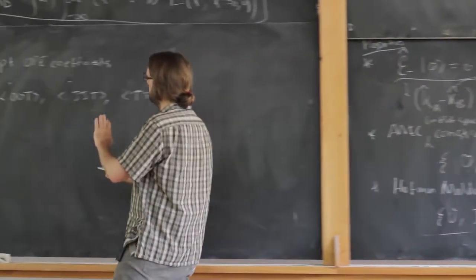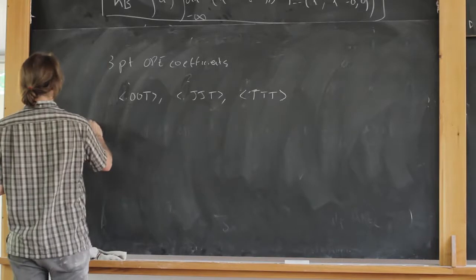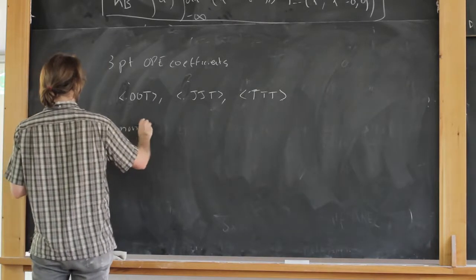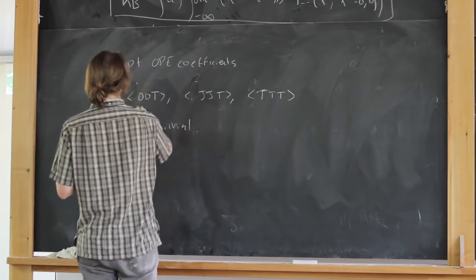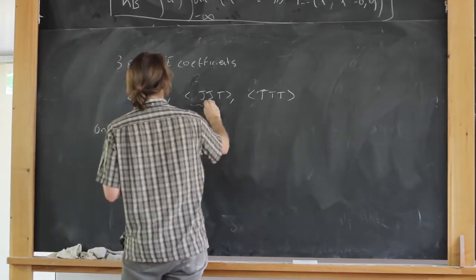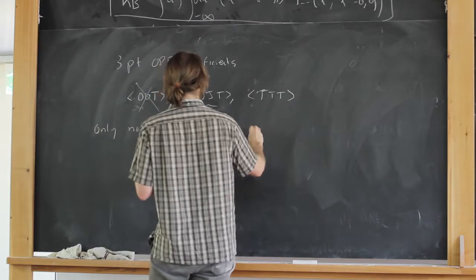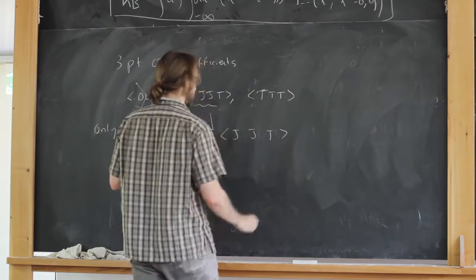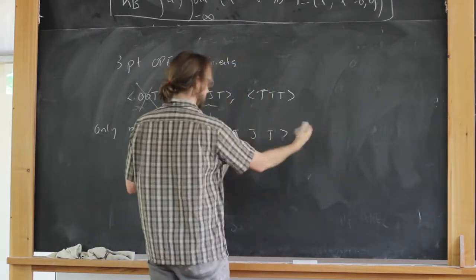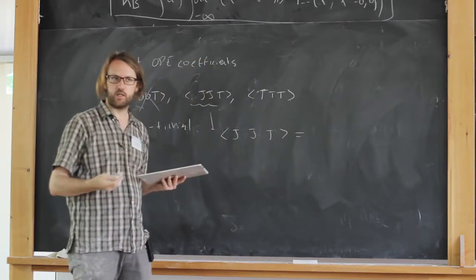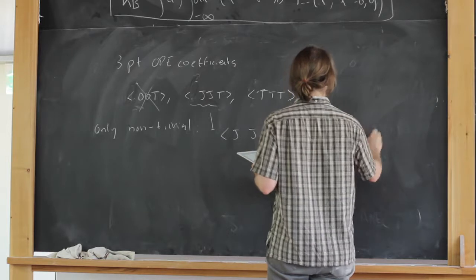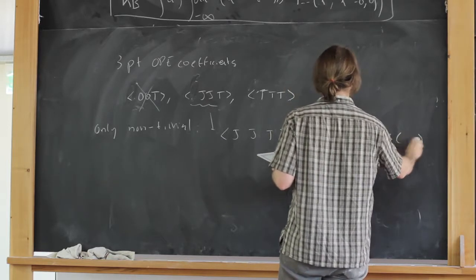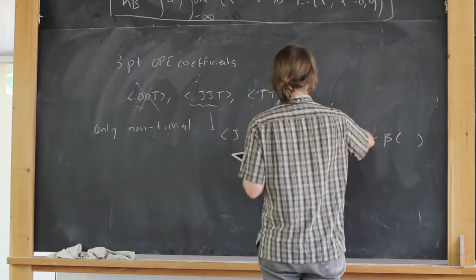But actually, this only gives you a non-trivial constraint if you have the situation, which is not true for this one, where for the three-point function you can write down multiple invariant structures, and each one of them comes with a coefficient.